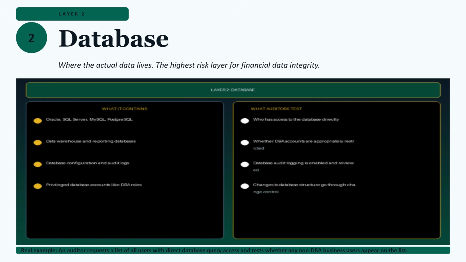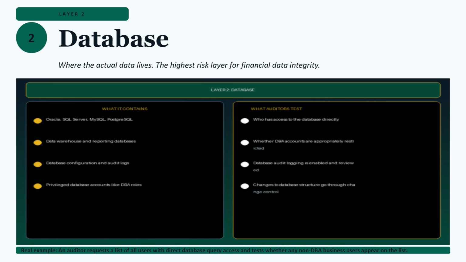Whatever system the organization uses to store its financial and operational data, the controls at this layer determine whether that data can be accessed, changed, or extracted outside of the normal application controls.